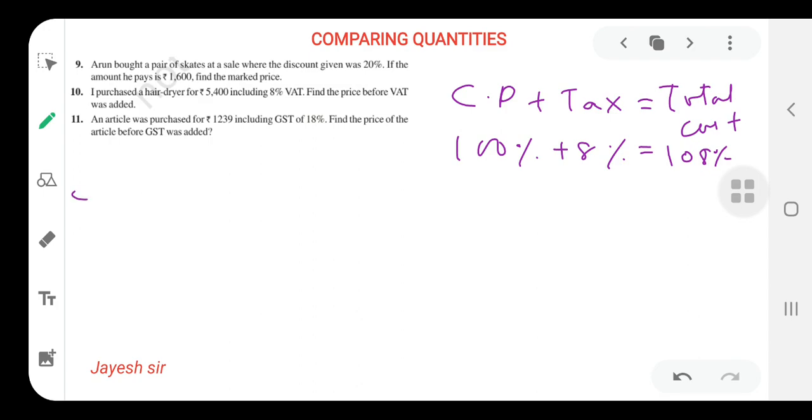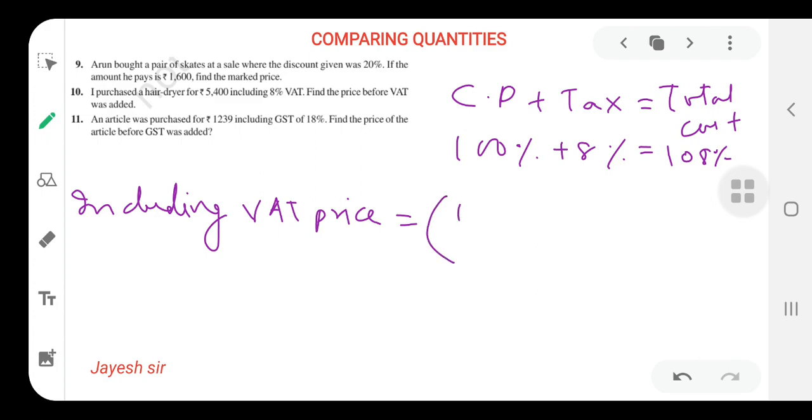Now I am writing over here, including VAT price. The amount that is given to us is rupees 5400, but we need to find the 100%, so 100 will come above. The 108% value is given, that is 5400. Yes, we can cancel it off and directly get the answer here.